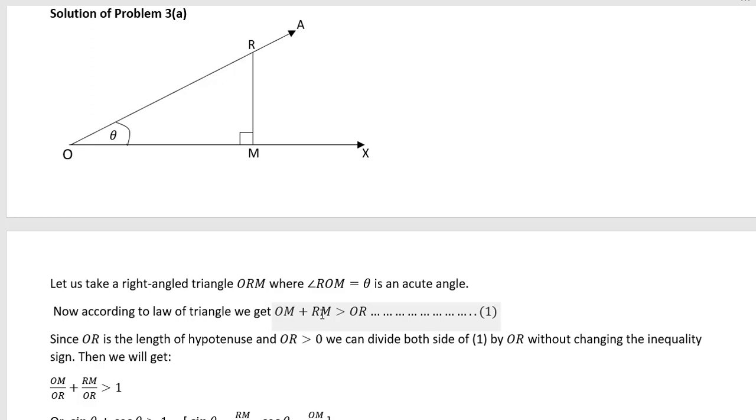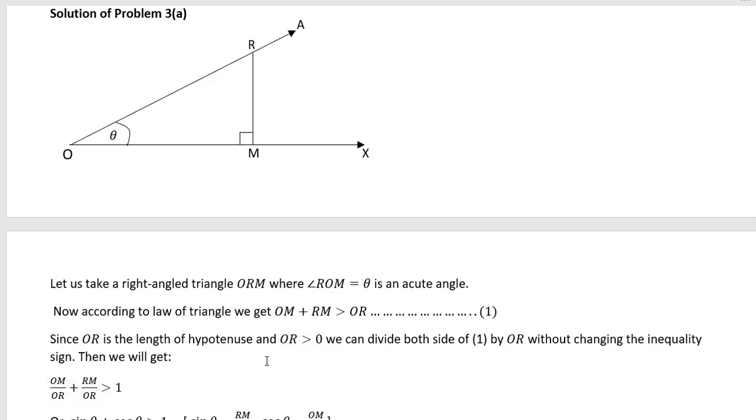By this we can say OR is greater than 0, and so we can divide the whole inequality by OR, because if OR was negative, then we could not divide the inequality by OR, because the inequality sign will change if I divide this inequality by a negative number.